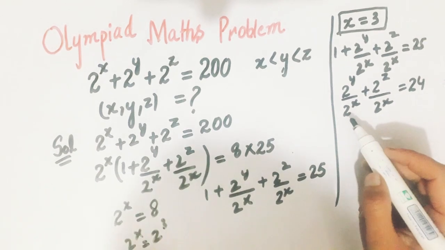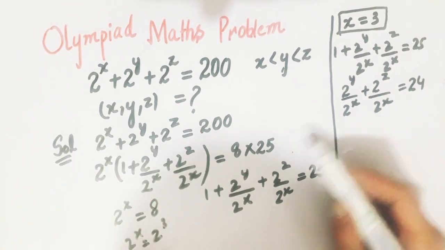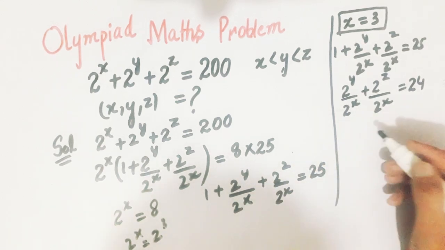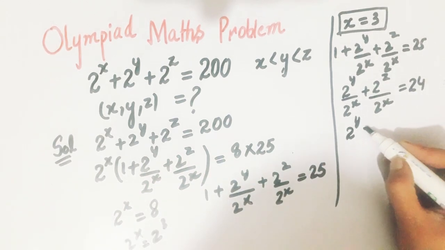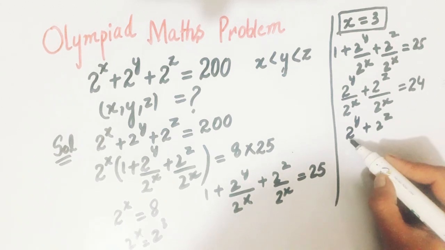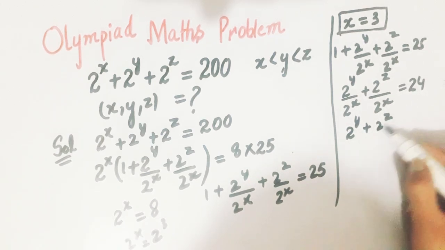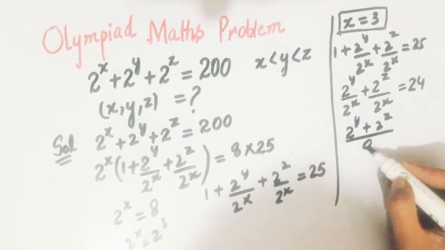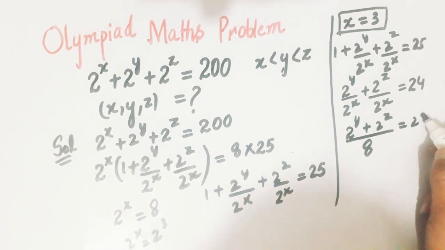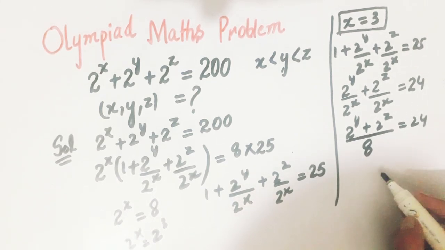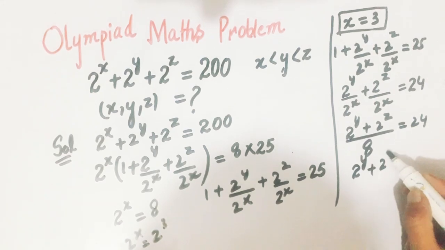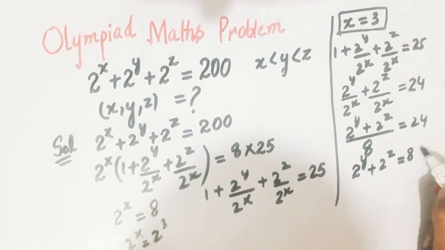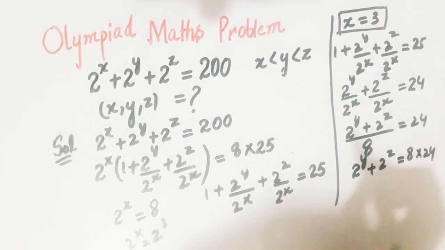Now 2 raised to power x equals 8, so we get 2 raised to power y plus 2 raised to power z divided by 8 equals 24. Now 8 is multiplied, so 2 raised to power y plus 2 raised to power z equals 8 multiplied by 24.